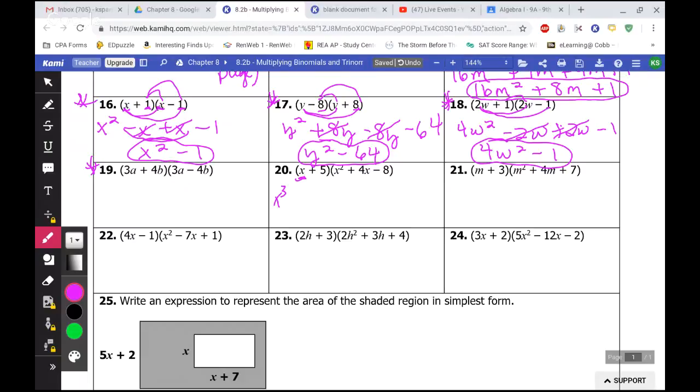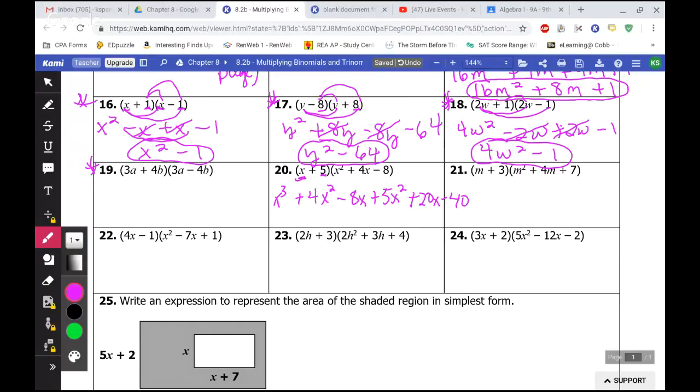And x times 4x is 4x squared. And x times negative 8 is negative 8x. And now we'll multiply the 5 by everything in the other set of parentheses. So we've got 5x squared plus 20x minus 40.